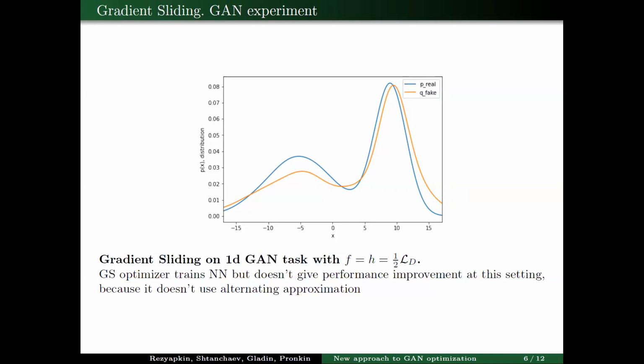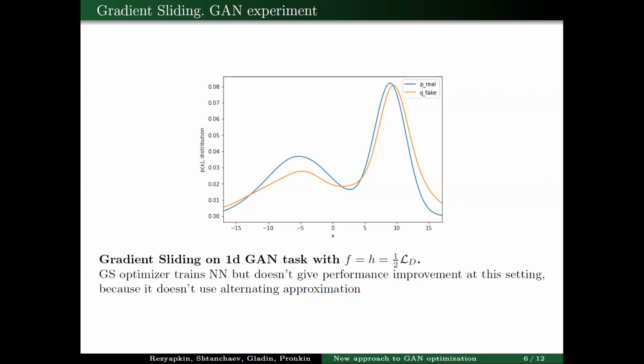Moreover, large ratio L over M implies large beta, which means that the solution of subtask won't result in large step. Another possible reason for negative result is the fact that GAN training is min-max problem, in general not convex-concave, which implies additional difficulties. But we have some progress in this task.